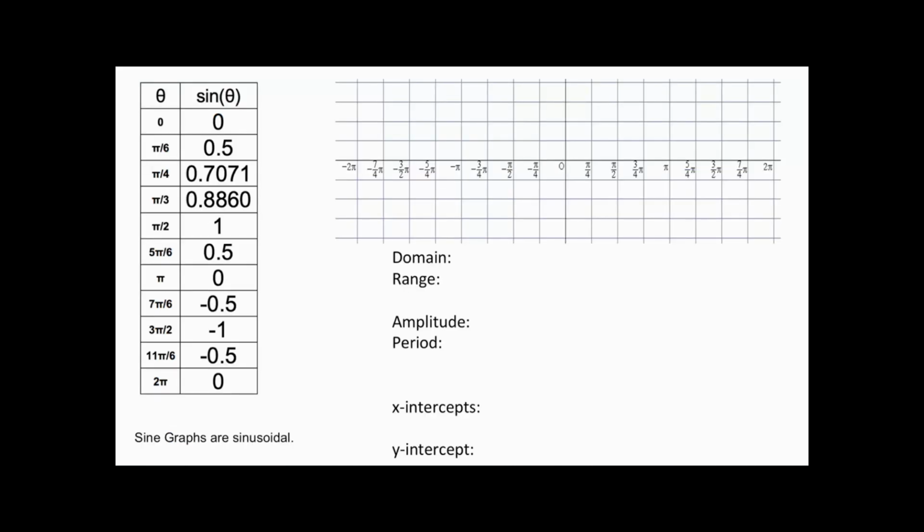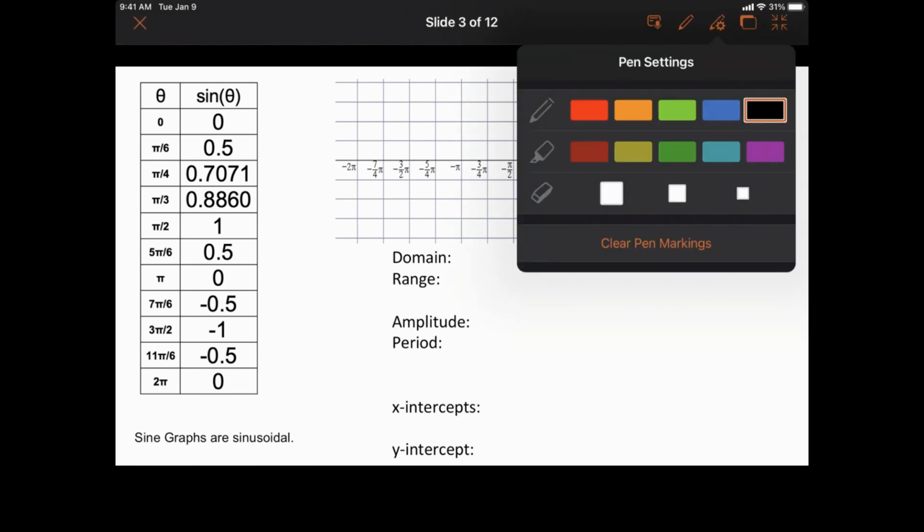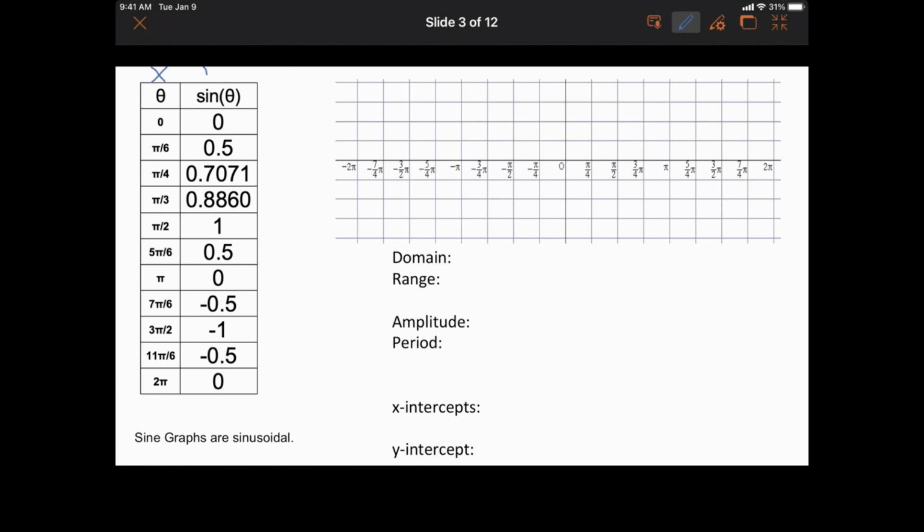All right, so these are the numbers that we've done in the previous slide. I've just made everything decimal, so it's a little bit easier to graph. Now, because of our x and our y, remember this is our input, this is our output. So our x is actually the angle. This is the angle in radians.